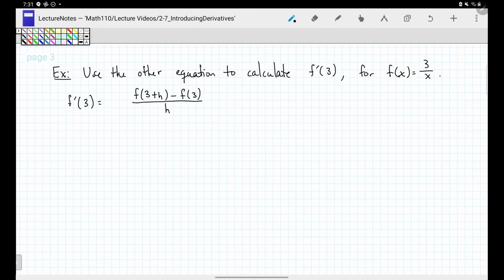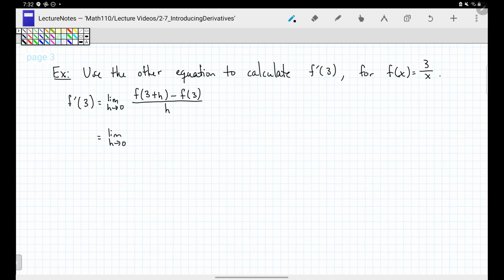I have 3, f of 3 as one point, and then 3 plus h and f of 3 plus h is another point, and I'm going to take a limit as h goes to 0.